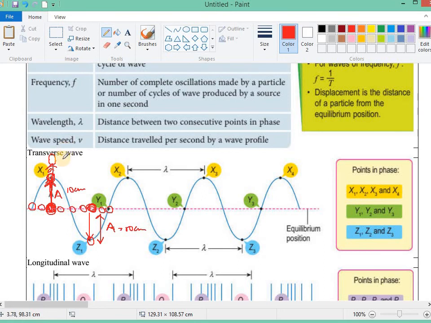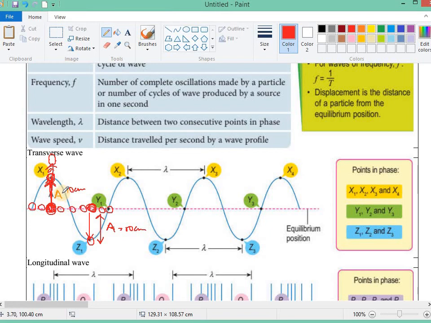So for example, for water wave, if more energy, amplitude higher, that means you have a bigger water wave. For sound wave, if the amplitude of the sound wave is high, then you have a louder sound.